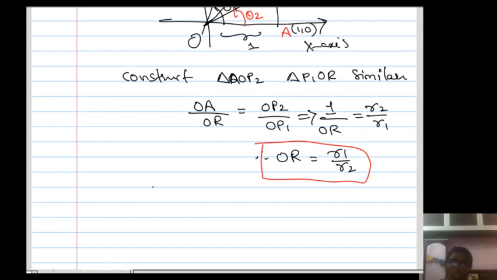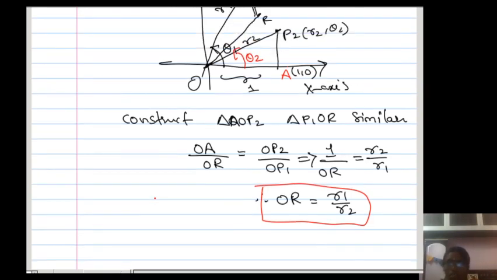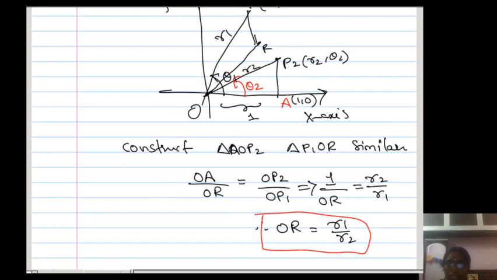Next, what about the angle? What is the angle AOR, the angle made by the line OR with the x-axis? You can observe these two are similar triangles, so the angle AOP2 is equivalent to ROP1.